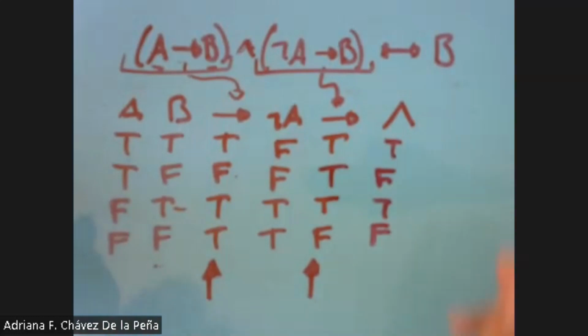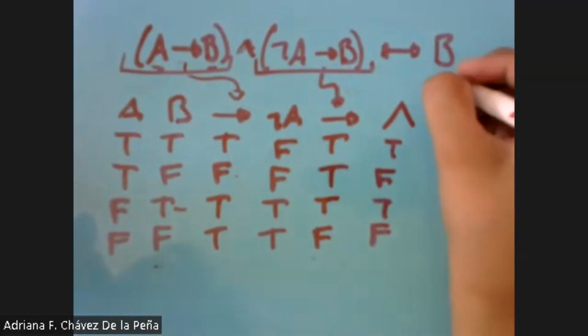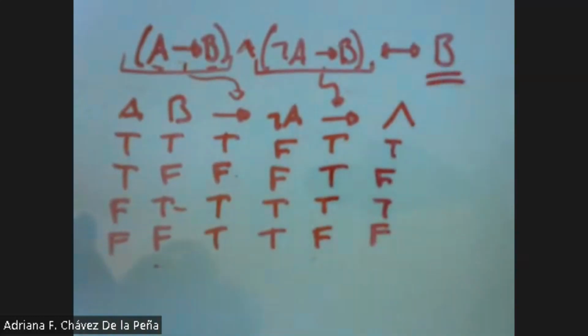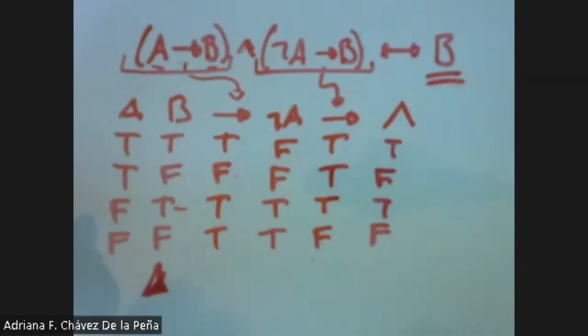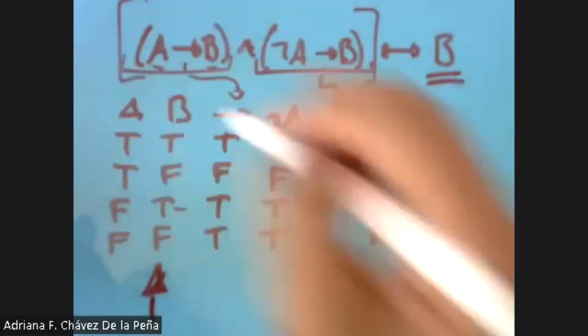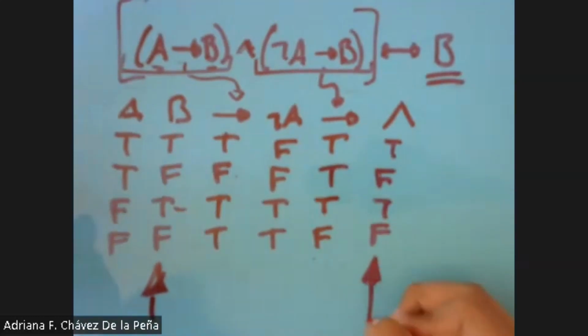And now finally, I am able to judge my equivalence. Let me remove this. And this equivalence is going to be made in between the atomic proposition B, so this column that we had on the left part here, and this whole compound proposition that we have just defined in our last column. And we are testing whether the values that we have on these two columns are the same or not.